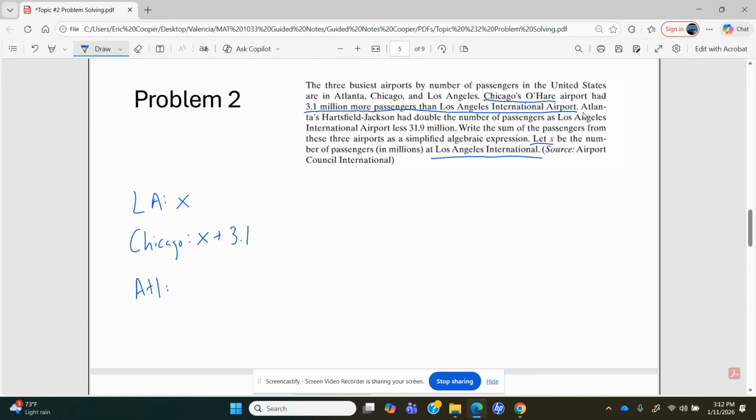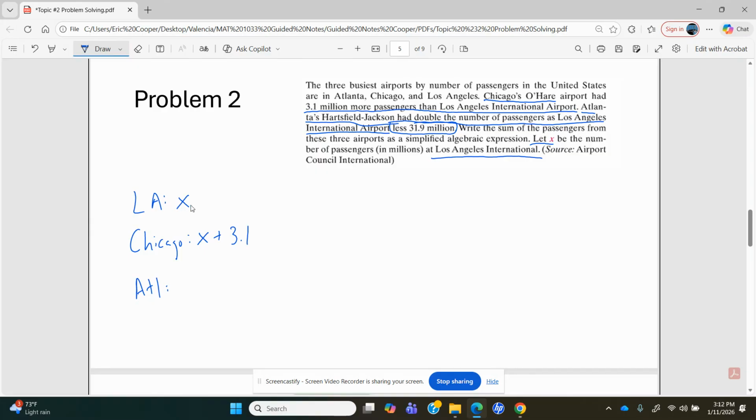It tells us here Atlanta's Hartsfield-Jackson had double the number of passengers as Los Angeles International Airport, less 31.9 million. So it has 2 clues here for us. It says Atlanta's airport was double the number of passengers at Los Angeles.